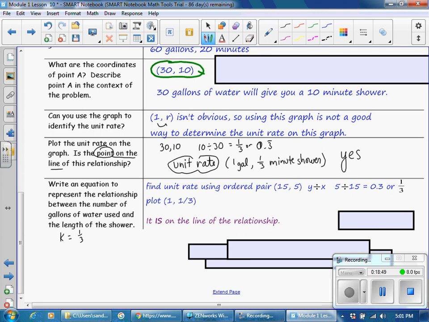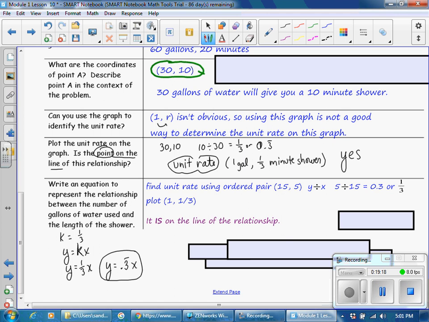The second step is to write the structure of the equation, y equals kx. And the third step is to replace one of those variables with the unit rate. And you replace k with the unit rate. You can also use the decimal 0.3 repeating if you prefer. So that's the equation that represents the gallons of water used and the length of the shower.